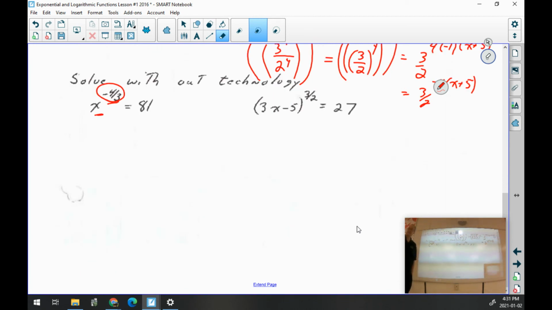These are not exponential equations because the variable is the base of the exponent. Now, to solve these, what you need to do is get rid of that rational exponent above the variable. We're going to do that by using reciprocals.